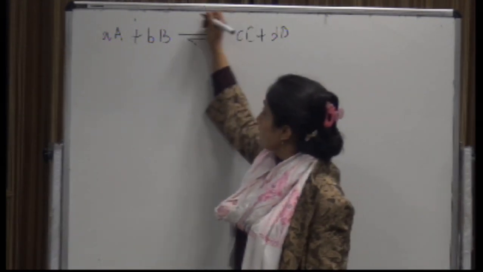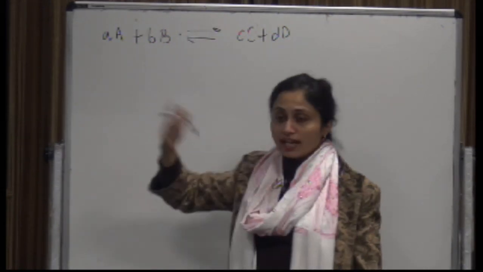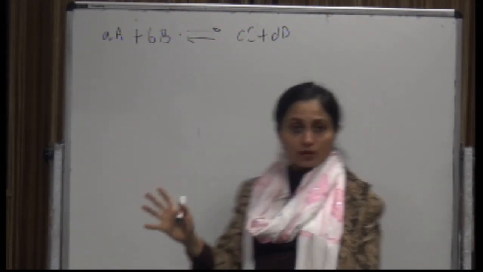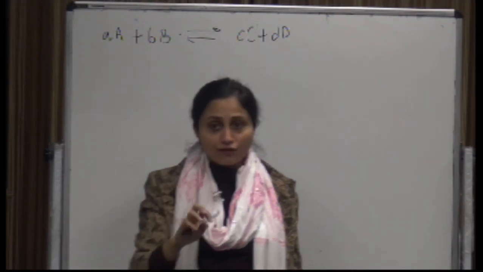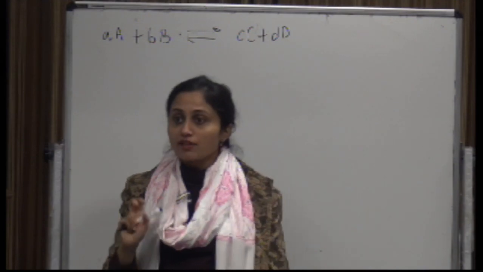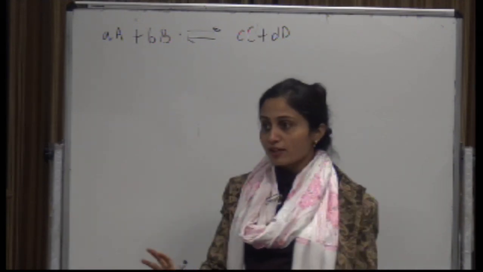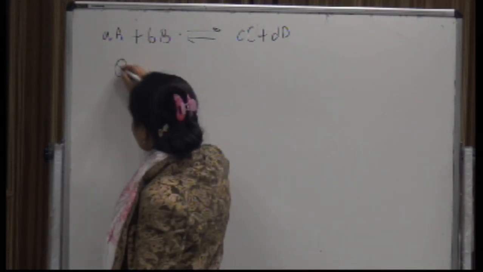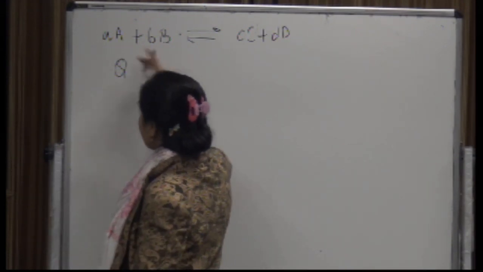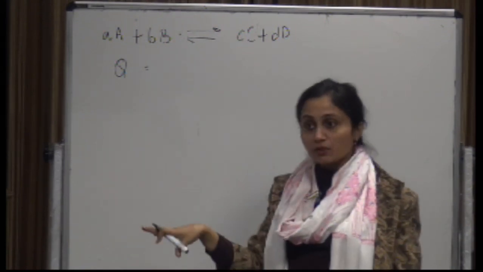So at any stage of the equilibrium, generally shown like this, at any stage means the perfect equilibrium has not been set. If I am given the concentration of the reactants and the products, I can write down the reaction constant for that according to the law of mass action. Say I call that reaction constant Q, because my concentrations that are provided for A, B, C and D are not at equilibrium.